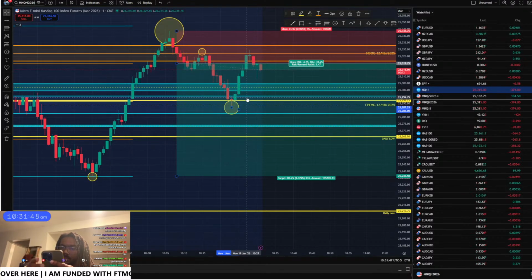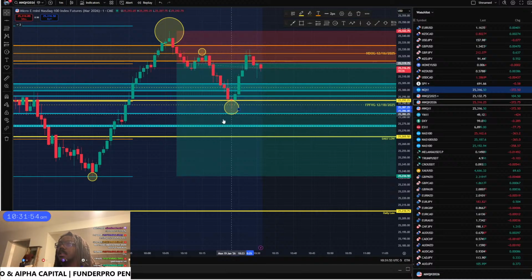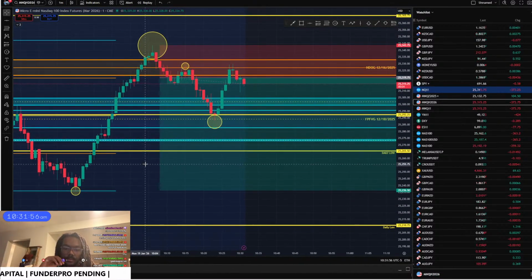Yep. So I think we might be able to get a little sell back down right here. And then this is going to be my last trade idea of the day, win or lose. Not really a huge fan of this back and forth price action.